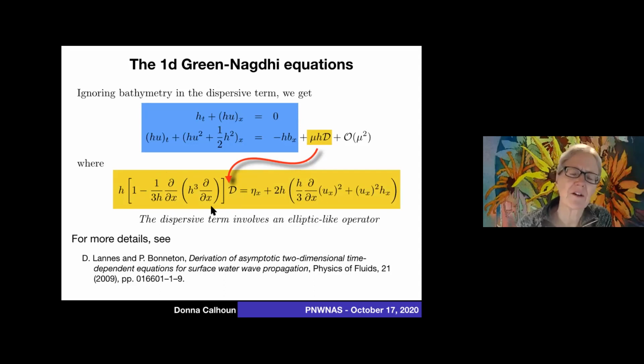So in fact, there's a series of papers that derive the original formulation, the initial papers by Lannes and Bonneton, which derive these original asymptotic two-dimensional equations for surface water wave propagation. And then there's another series of papers by the same group of authors plus others that derive the splitting that I'm showing here.